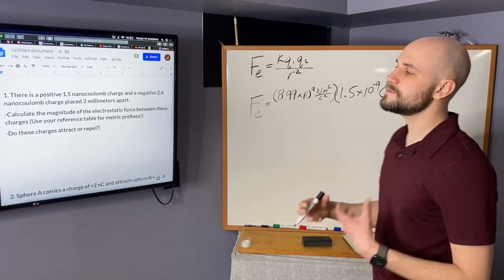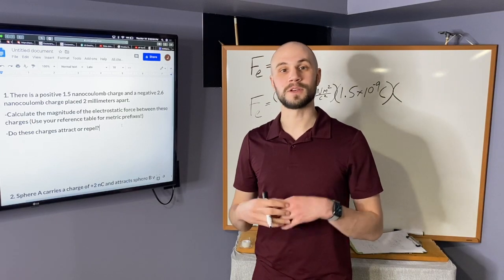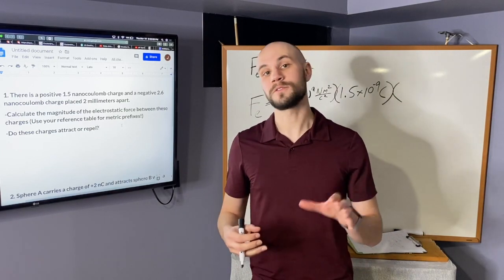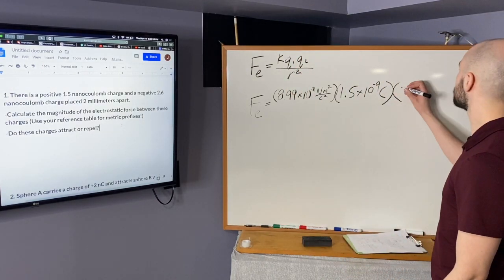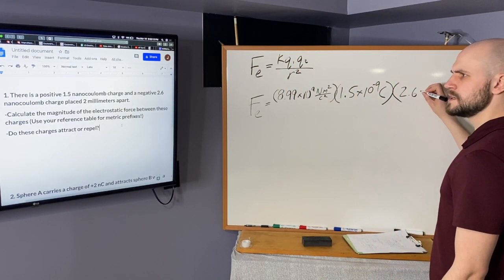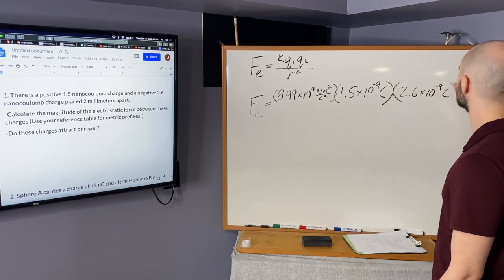It says it's negative, but we're only going to plug in positive values into our equation because we're only interested in the magnitude of the force. We're going to figure out the direction later by looking at the signs of the charges. So we can just plug in 2.6 times 10 to the minus 9 for nanocoulombs.